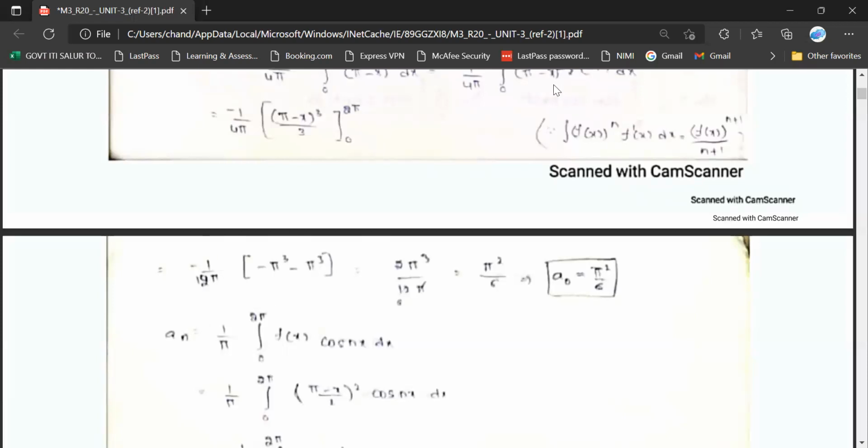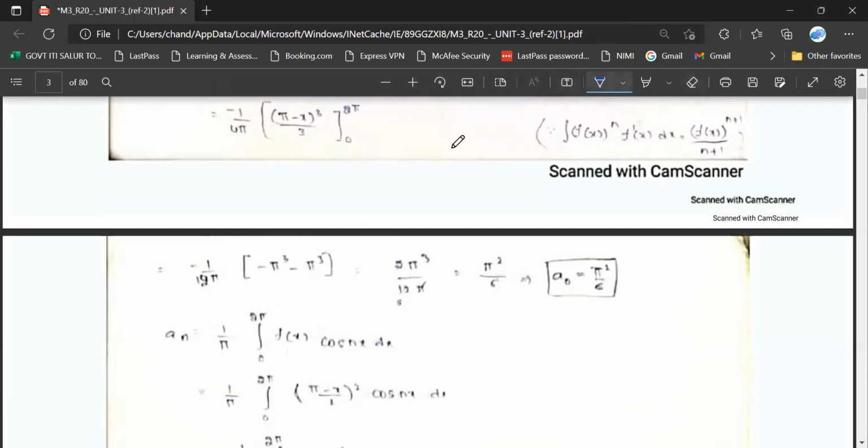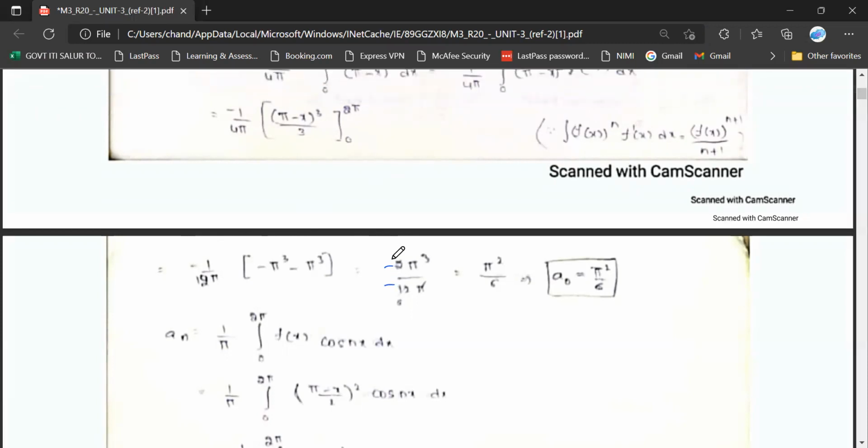We already have a minus symbol here, so we have minus in the numerator and minus in the denominator. So these two get cancelled and it became a plus sign. And here 2 gets cancelled with 12, giving 6.